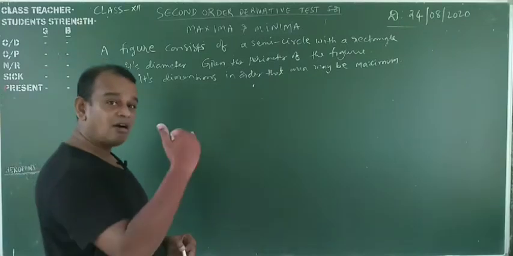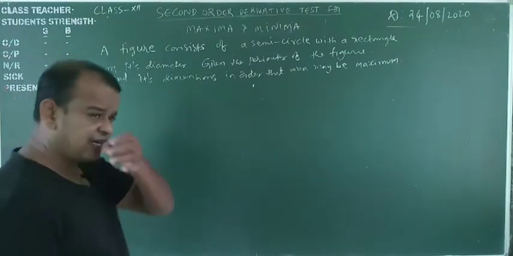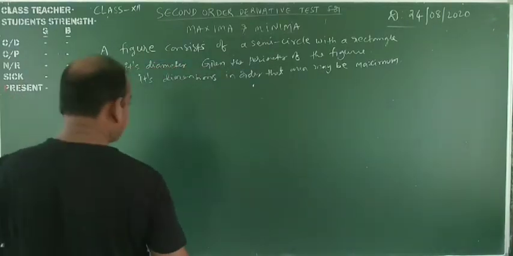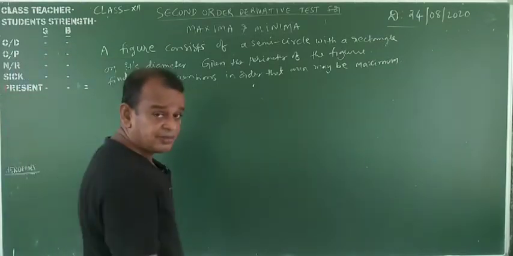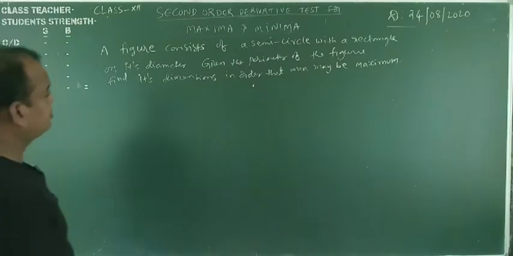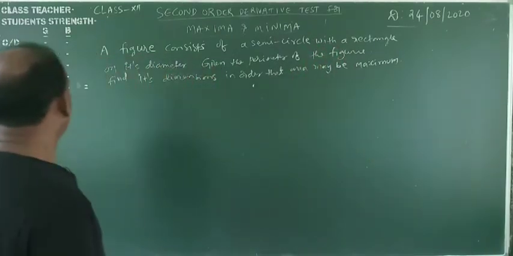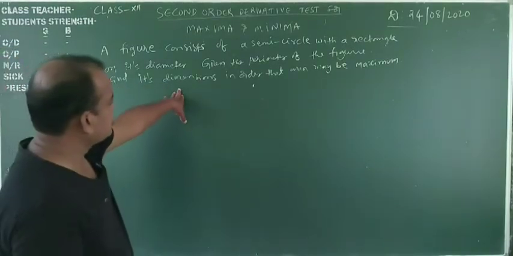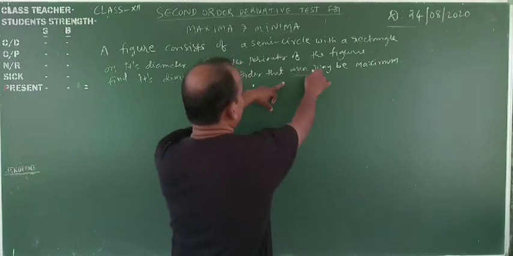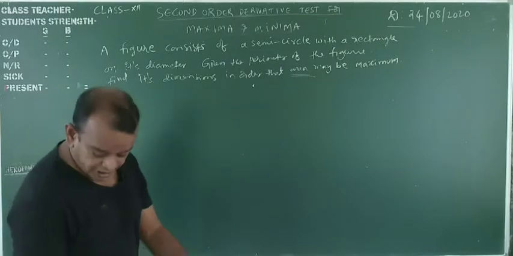Means a rectangle is described on the semicircle. Given the perimeter of the figure, that is, the perimeter is constant here, find its dimensions in order that the area may be maximum. Area means the figure consists of the rectangle and semicircle.